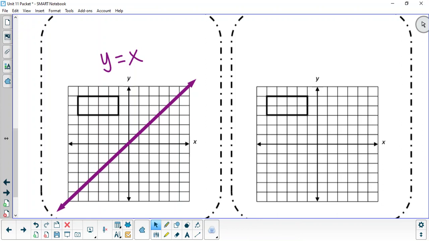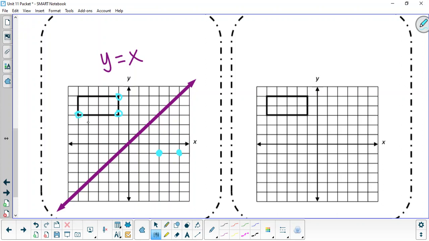Okay, so there's 2 ways we could count these. You can count diagonally through the squares. So this point would be diagonally 1, 2, hits my line. So I go diagonally 1, 2, plot my point. This one goes diagonal 1, 2, 3, plot my point.